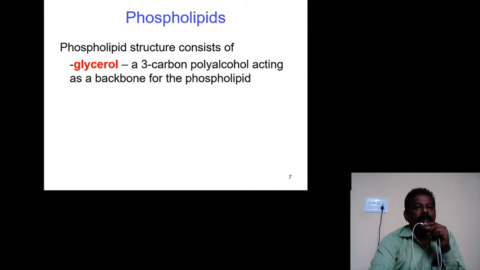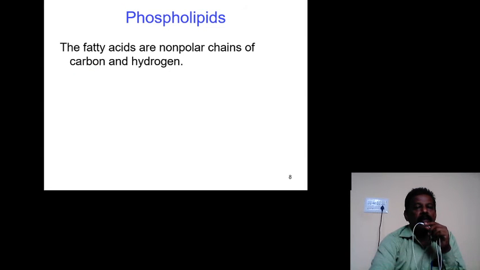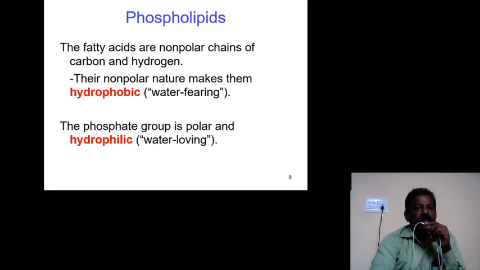This phospholipid consists of a glycerol, which is a 3-carbon polyalcohol that acts as the backbone of the phospholipid, which has 2 fatty acids attached, and one phosphate attached to the glycerol group. Fatty acids are non-polar chains, and they are responsible for the hydrophobicity, whereas the phosphate group is responsible for the hydrophilicity.